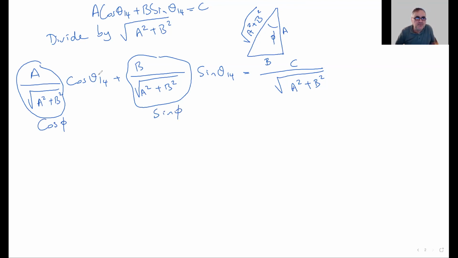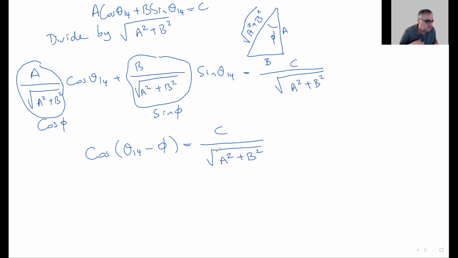And cosine phi cosine theta 1,4 plus sine phi sine theta 1,4 can be written as cosine of theta 1,4 minus phi, for example, equals C over square root of A squared plus B squared.